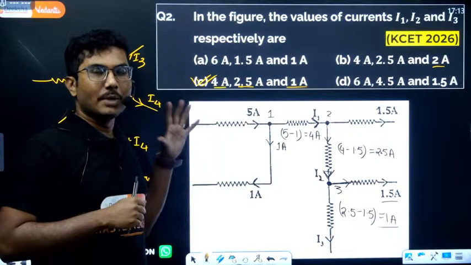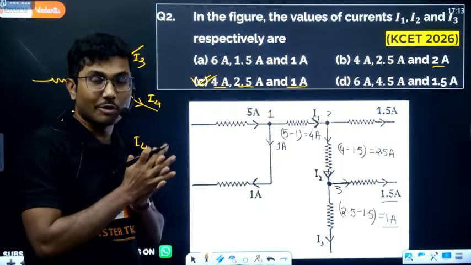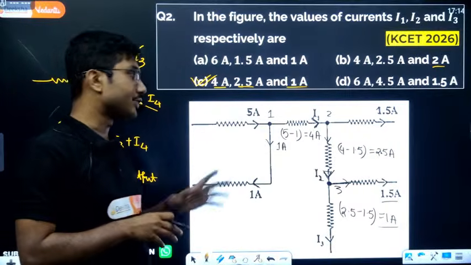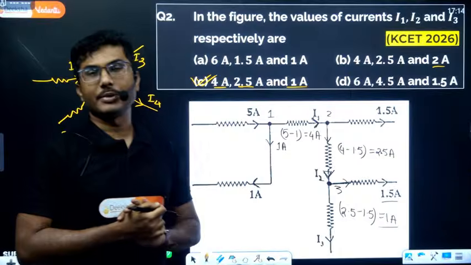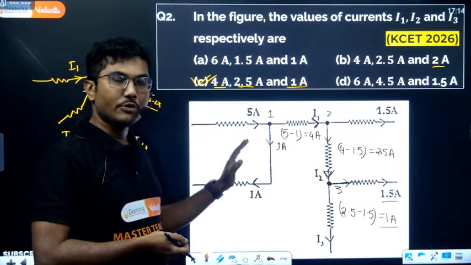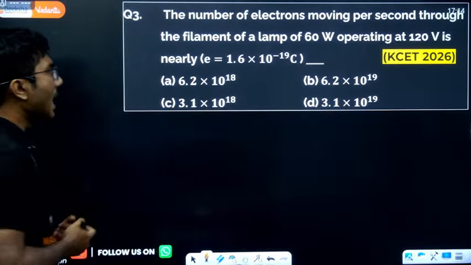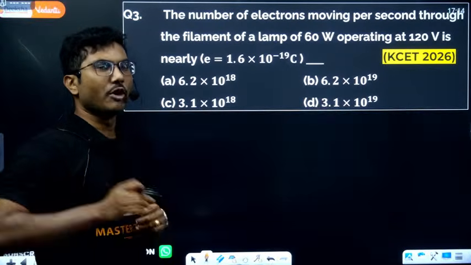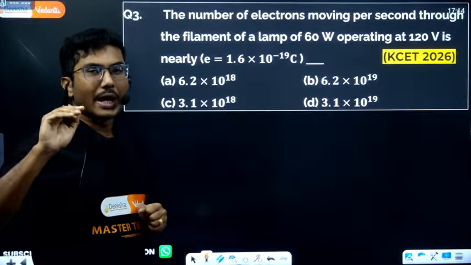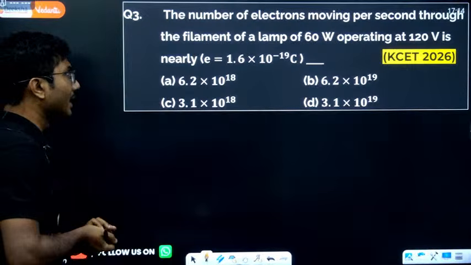You might feel a little confused initially by looking at the diagram, thinking, oh, I will not be able to solve circuit diagram based questions. Not all circuit diagram based questions are difficult, but if you put some time into it, you will be able to solve them. Most of the circuit diagram based questions in KCET are solvable except a few of them which require some tricks. We will definitely teach you those tricks as well.